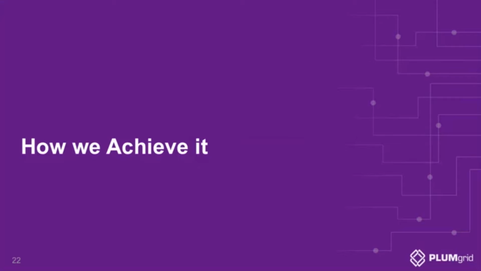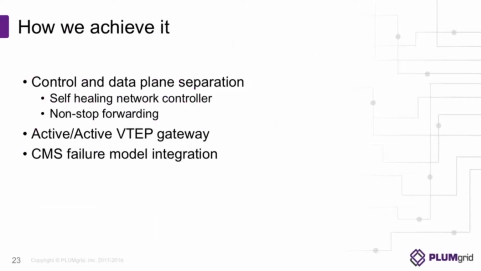So how we achieve high availability. First of all, speaking of PLUMgrid, our way of doing things is that we have a separation of control and data plane. All of the management, all of the brains of the operation are separate from the forwarding plane, from the data plane.